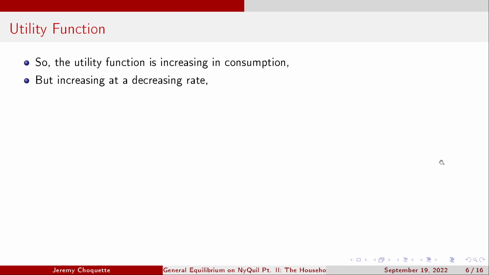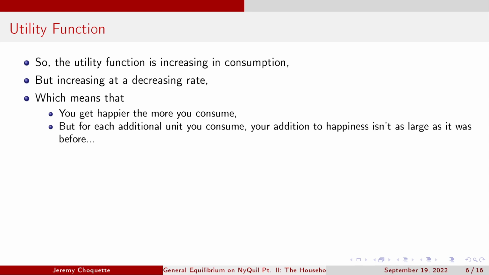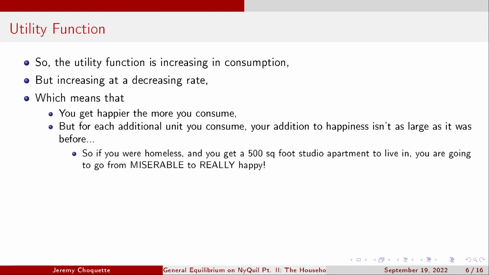So it's increasing in consumption, but it's increasing at a decreasing rate, which means you get happier the more you consume, but for each additional unit of consumption, that addition to happiness that you're getting isn't going to be as large as it was before. The idea would be, like, let's say you're homeless, and you go from not having a home to a 500 square foot studio apartment, you're going to go from miserable to, like, really, really happy, right?